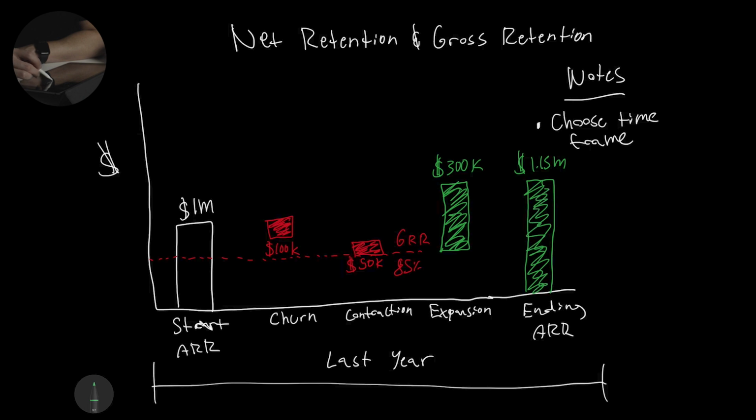So you started with $1 million, you lost $100,000, lost $50,000, grew $300,000, and then the net of all of those actions is $1.15 million. So this line here is your net retention rate, and you have a net retention rate of 115%.